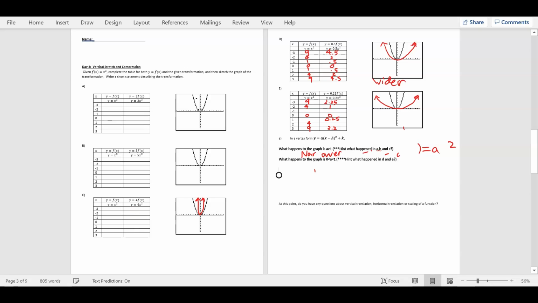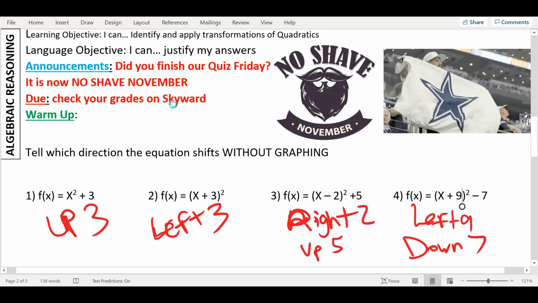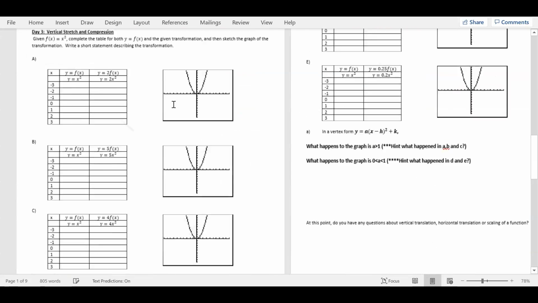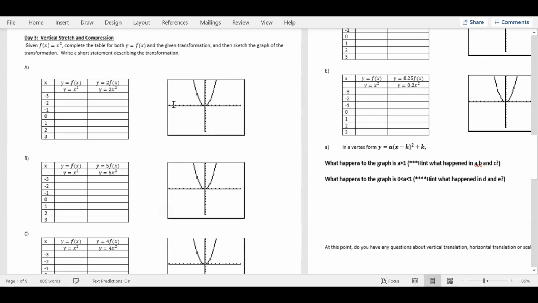Should have done this ahead of time, my bad. Nice. That was easier. Okay, here we go. So we're on this.